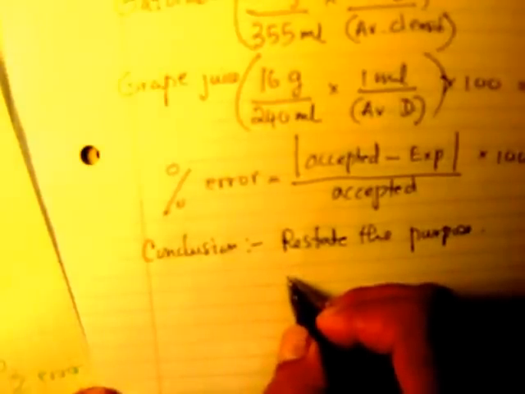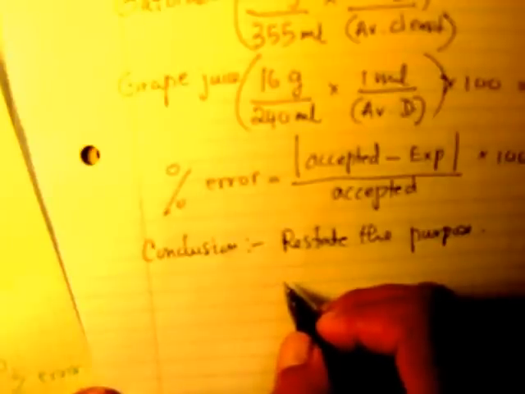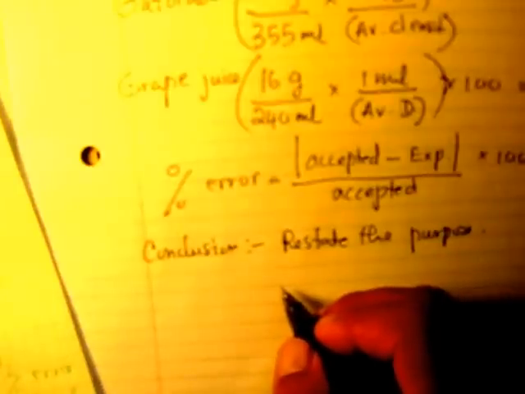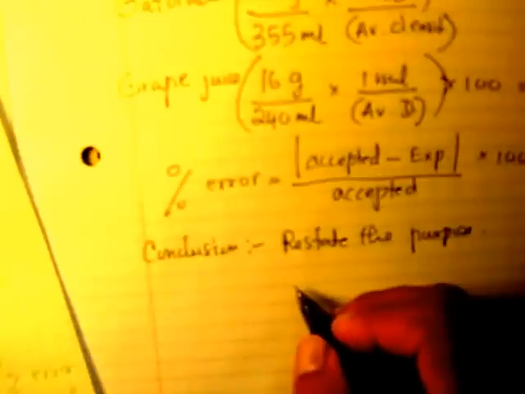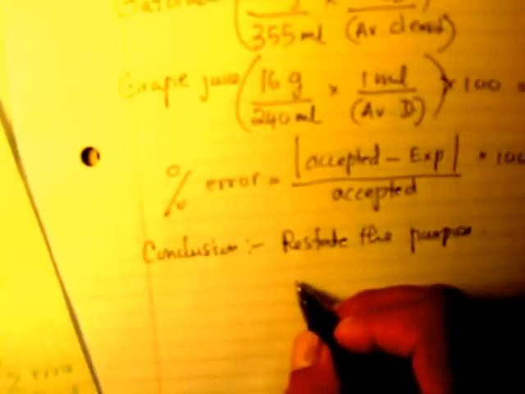You can say my cola had 11% sugar content, my Gatorade had this much, grape juice had this much. And you can also state the percent error in your measurement.